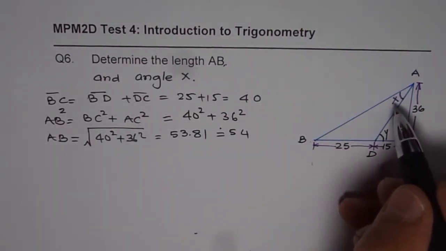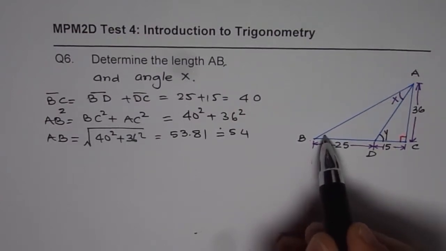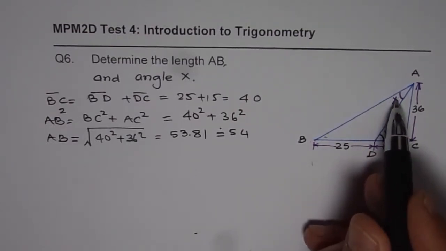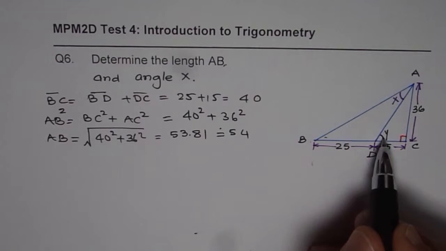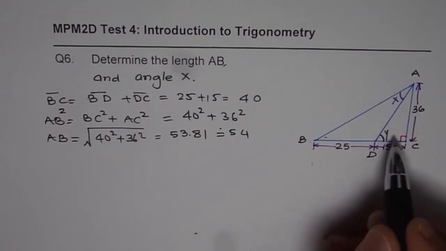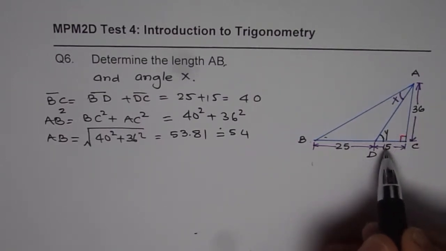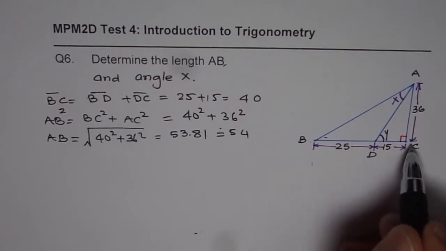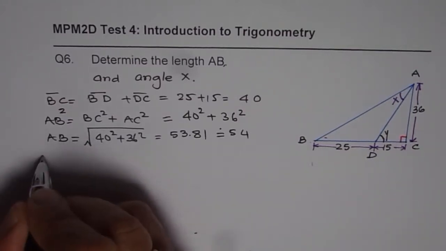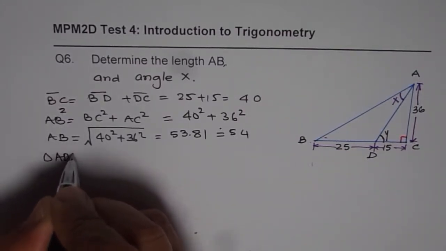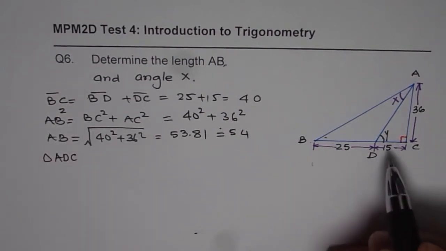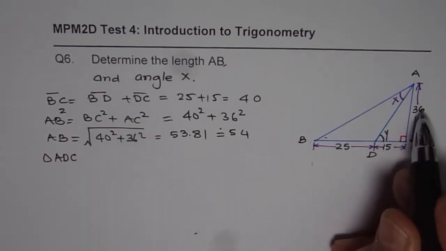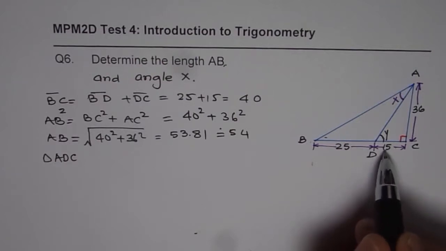To find angle X, we can find these two angles and then it will be easy to find angle X. Let us find angle Y first. Since we know the opposite and adjacent side in triangle ADC, which is a right triangle, so we'll consider triangle ADC. Here opposite side to Y is 36 and adjacent is 15.